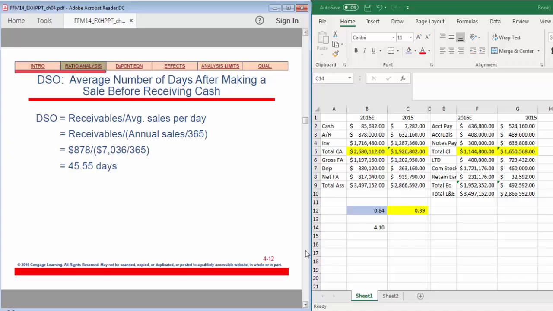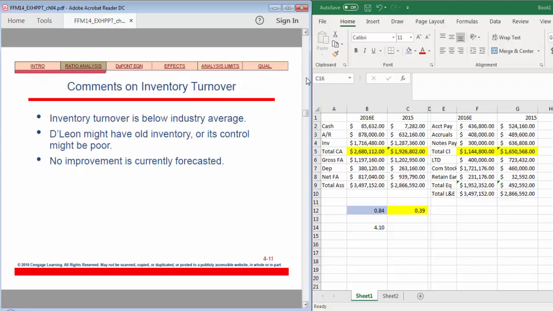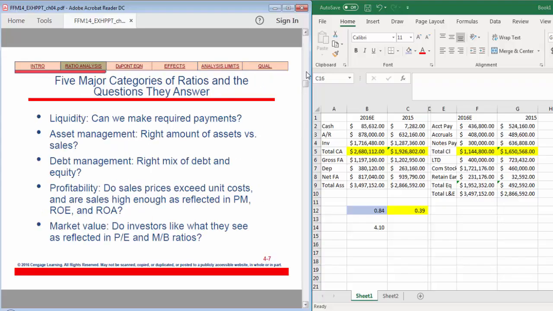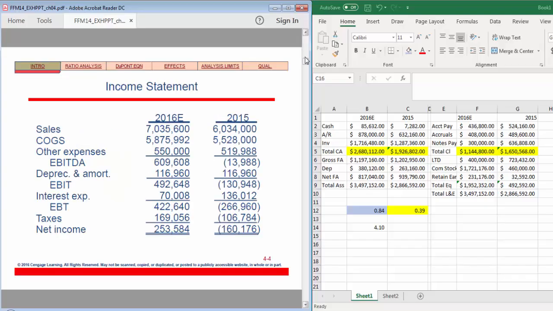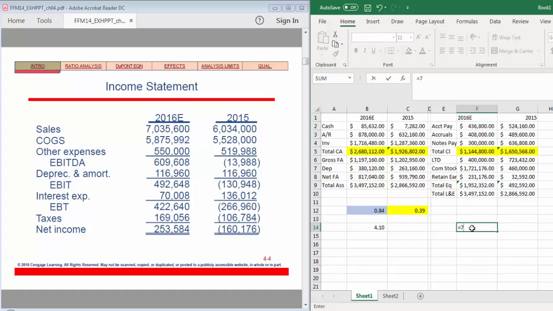So days sales outstanding: the average number of days after making a sale before receiving cash, and that is given by receivables divided by average sales per day. Now we have the annual sales figure, which we can get from the income statement: 7035600 divided by 365.